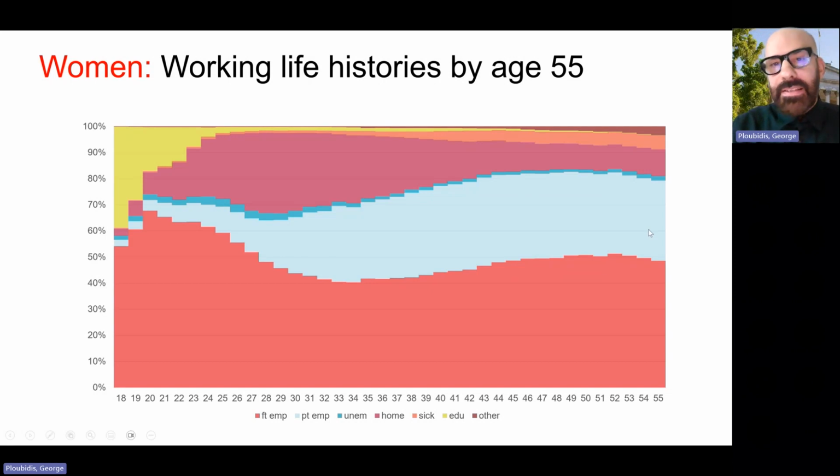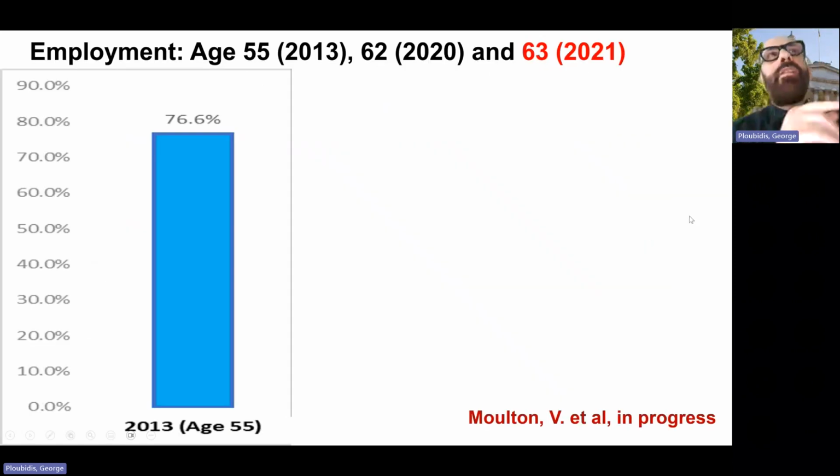Speaking of various outcomes in later life, I will give an example of some very recent research led by Vanessa, as it happens, where we looked at economic inactivity just before the pandemic. So in the 1958 cohort, just before the pandemic, and during the first year of the pandemic, we looked at economic activity and inactivity. And we did this because you may have heard of the Great Resignation, which is a phenomenon where more people than usual resign.